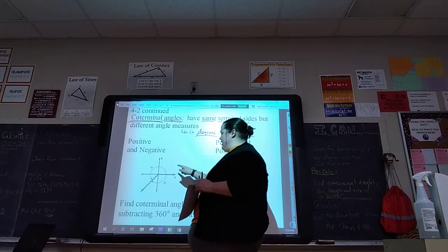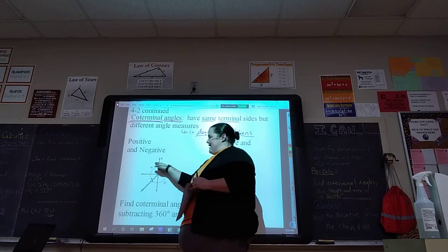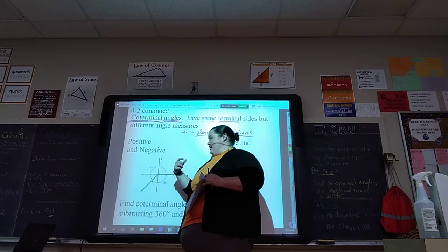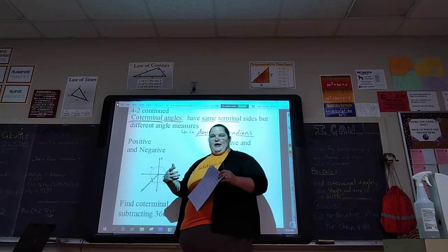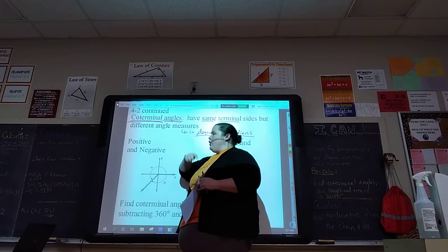What can happen is, if you notice, this kind of makes a full circle. If I give you the positive angle measurement, we can find the negative angle measurement just by doing a little bit of subtraction, because like I said, this whole thing makes a full circle. So we can use a whole rotation.